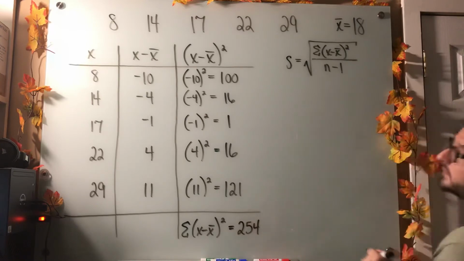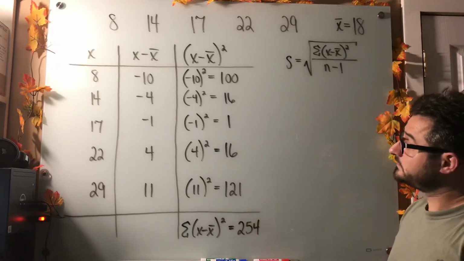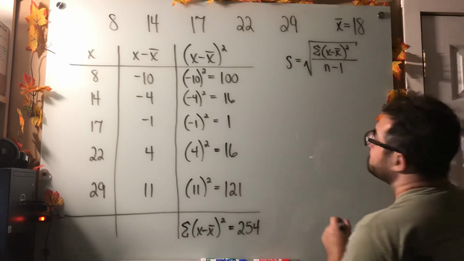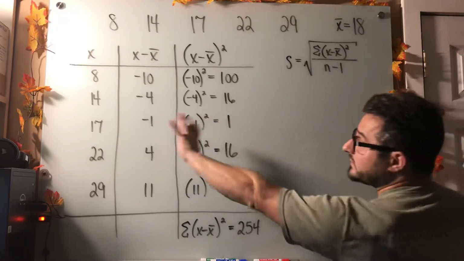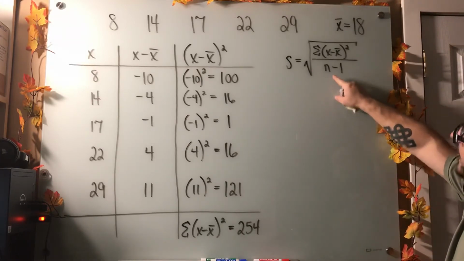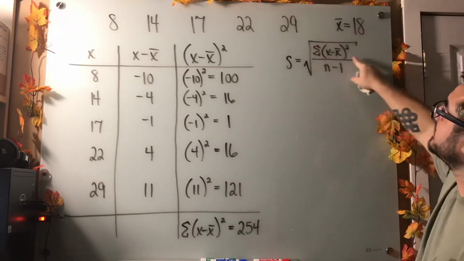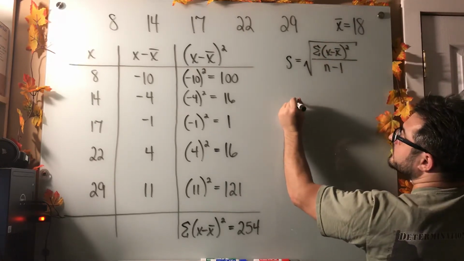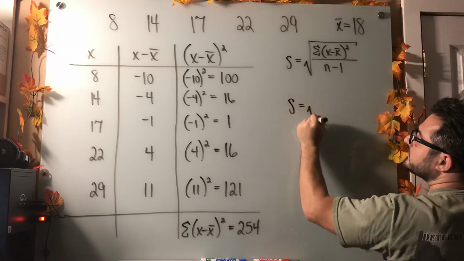We should get from it 254. Now, at this point, we're done with the table. We're going to return to this formula because what we now have is the value for the numerator of this fraction.